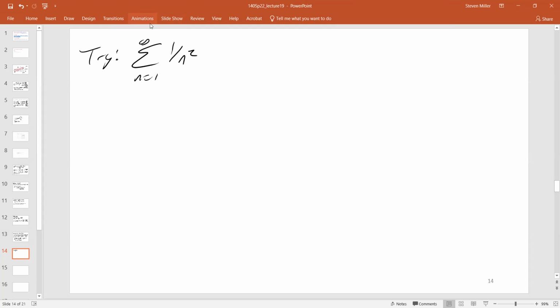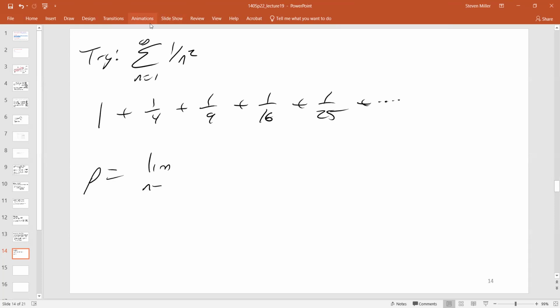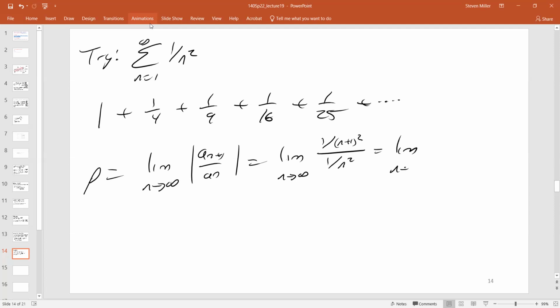This is easier if we know calculus. We have 1 plus a 4th plus a 9th plus a 16th plus a 25th plus... If we look at rho, which is the limit as n goes to infinity of a_(n+1) over a_n, this is the limit as n goes to infinity of 1 over (n plus 1) squared over 1 over n squared. This is the limit as n goes to infinity of n squared over (n plus 1) squared.